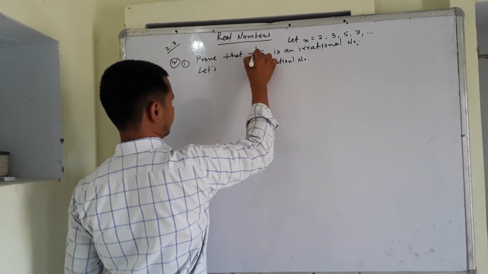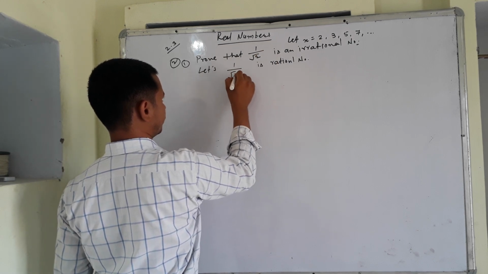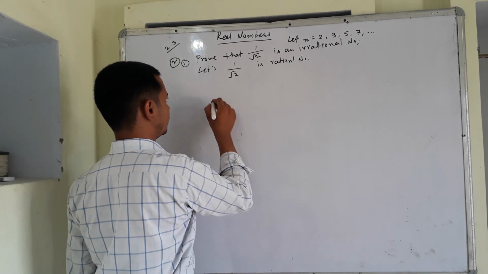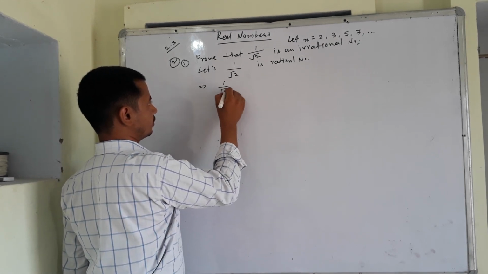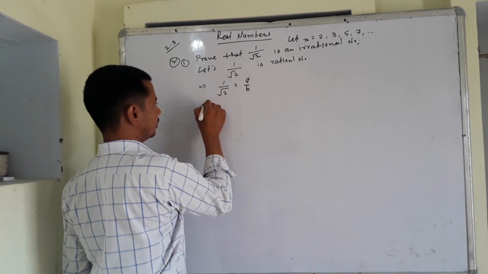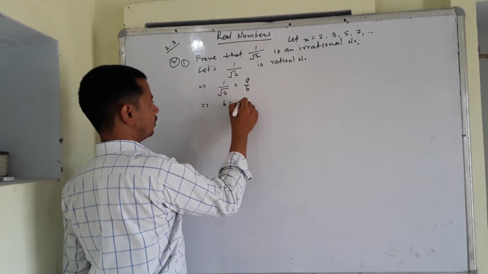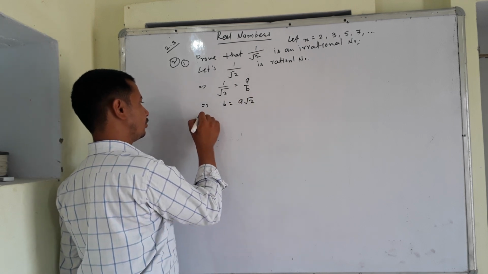Let's assume 1 upon square root of 2 is a rational number, then we write it in the form 1 upon square root of 2 equal a upon b, and b equal a square root of 2.